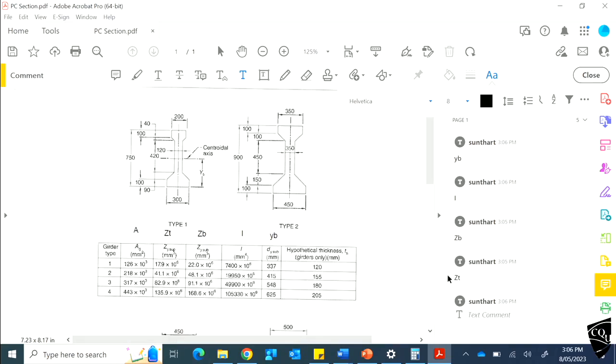If you are not sure what the notation means, the set T, set B, everything is given. Set B is given, so you should be able to find out set T, isn't it? The total is 750. Say for example, here the total is 750. YB is 337. So you should be able to find out the rest. 413. YT is 413.